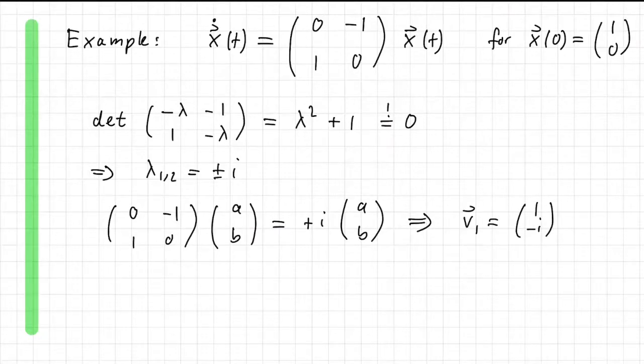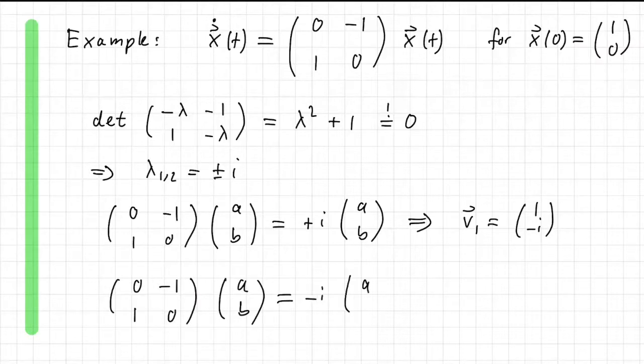So please sit down and check what I'm calculating here, that this is indeed the true solution. If we do the same for the negative eigenvalue, we get 0, minus 1, 1, 0, a, b equals minus i, a, b. And then we know that the second eigenvector is 1, i.